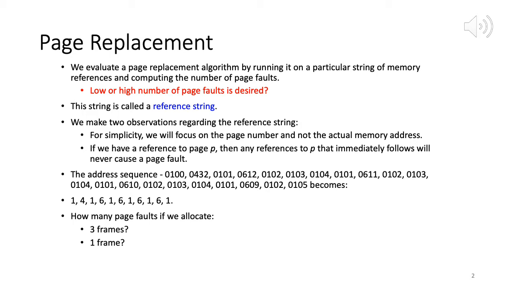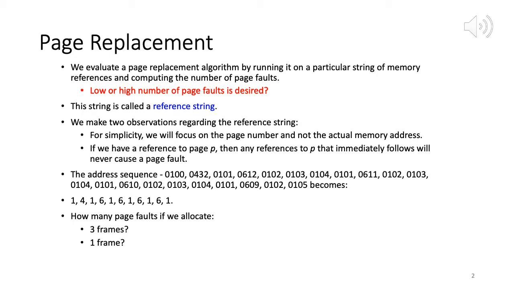that immediately follows will never cause a page fault. So if I am having a reference to page 1, I will first see whether page 1 has been mapped to a suitable physical frame. If yes, fine, no problem. If no, then I will have to find a suitable physical frame and map page 1 to it.